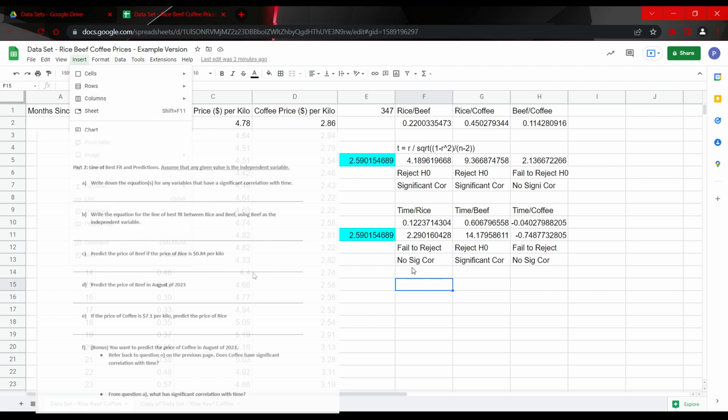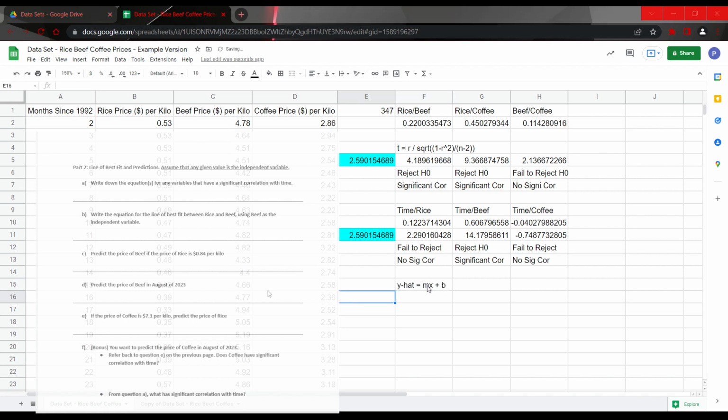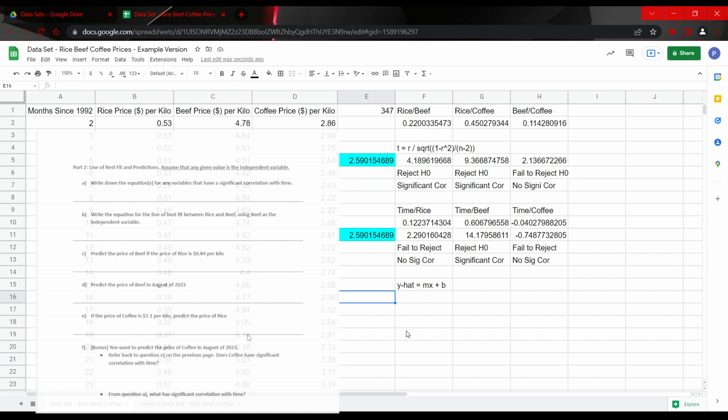So it should be y hat is equal to mx plus b, right? That is the equation that we are going to use. And so that's all you have to write. All you have to figure out is the slope and the intercept.